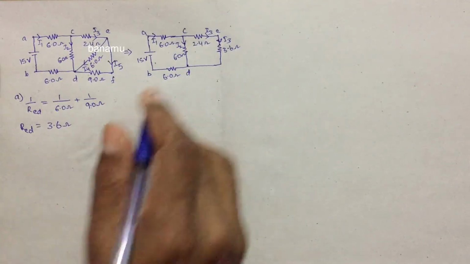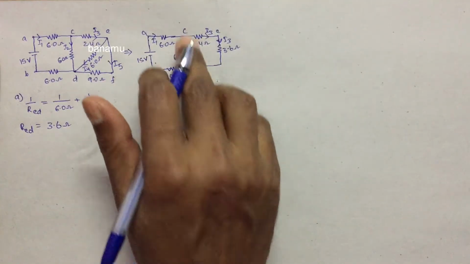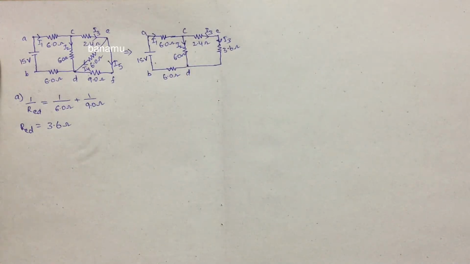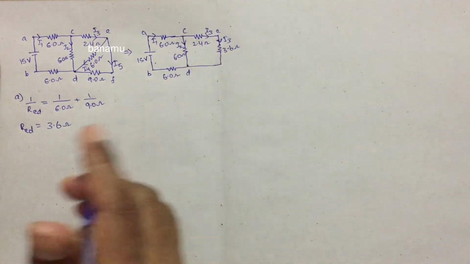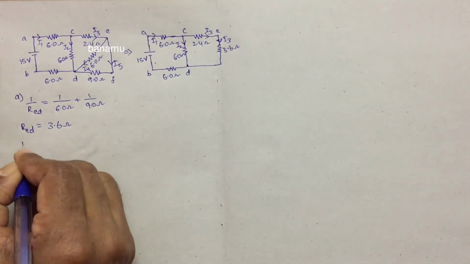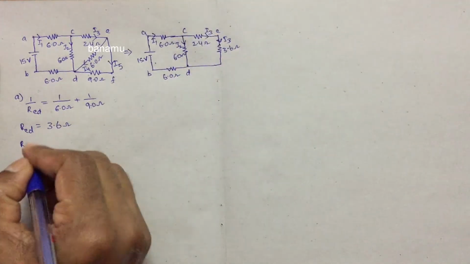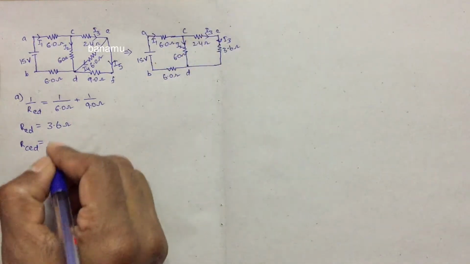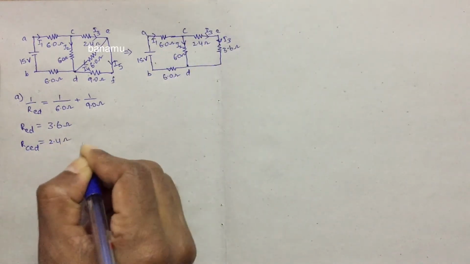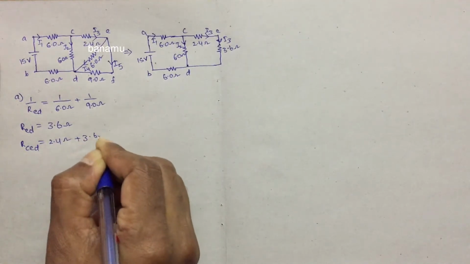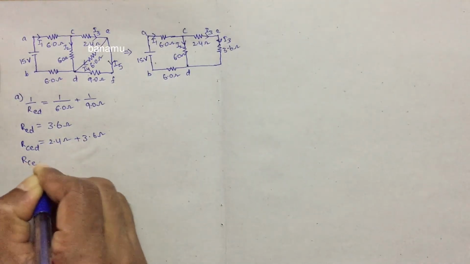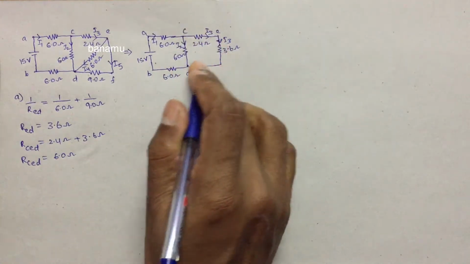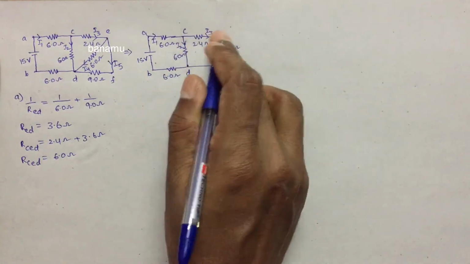The resistance between C and E and D, 2.4 ohms and 3.6 ohms, are connected in series, so the equivalent resistance R_CED is equal to the sum of the individual resistances. So 2.4 ohms plus 3.6 ohms. R_CED is equal to 6 ohms. This is the equivalent resistance between the points C, E and D.